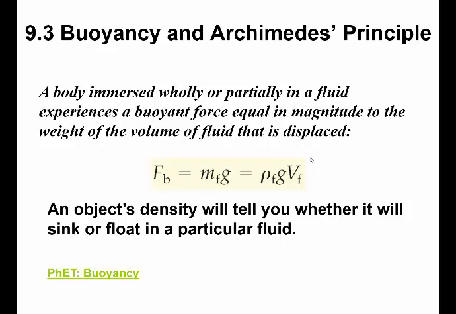We can then replace the mass of our fluid with the density of our fluid times the volume displaced of the fluid. And so in this way we can calculate the buoyant force that's acting on the object. So the object's density will tell you whether it will sink or float in a particular fluid.